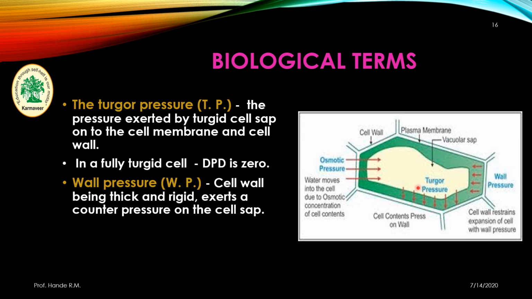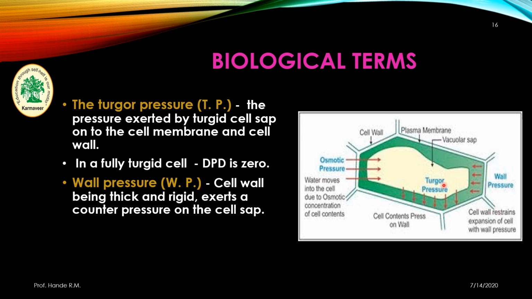Turgor pressure is due to the turgid cell, and in a fully turgid cell DPD is 0, and in a fully turgid cell, TP, turgor pressure, and WP, wall pressure, are equal.